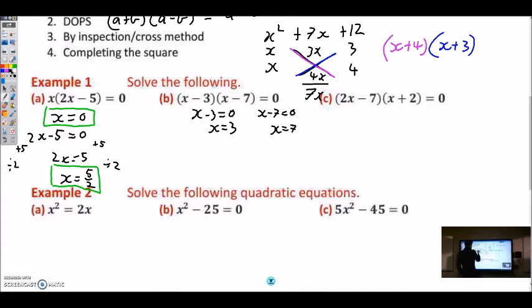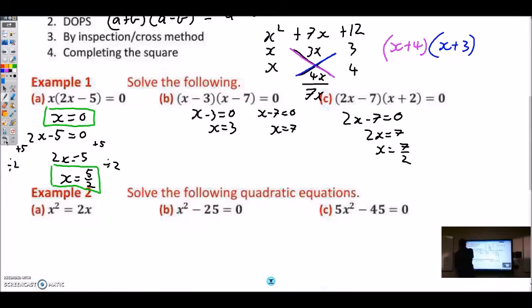Once we get it to this factorized state of x minus 3, x minus 7, it does become quite simple to solve for x.